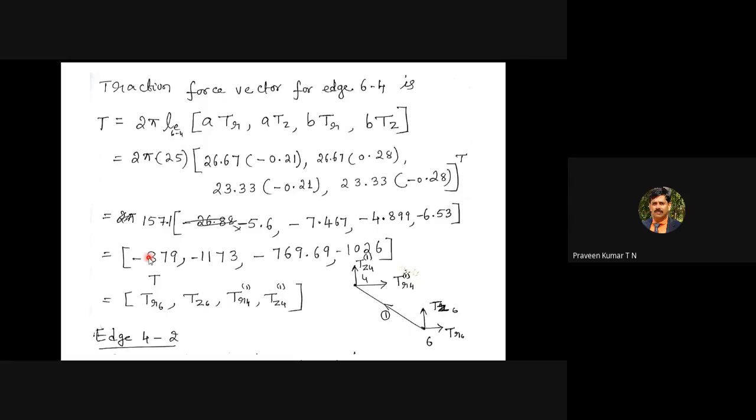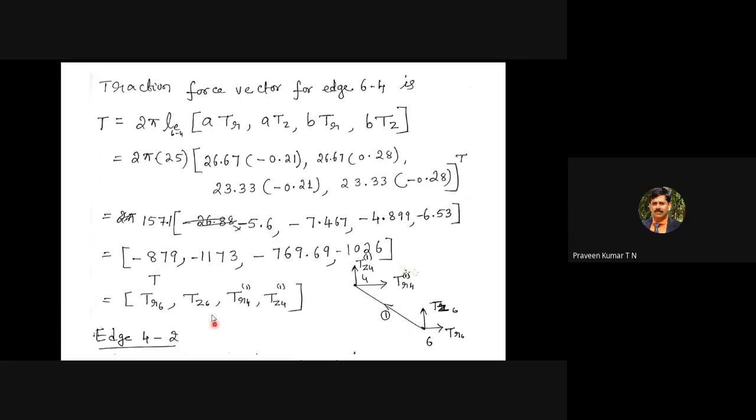TR6 is nothing but the traction force acting at node 6 along the radial direction, and TZ6 refers to the traction force acting on element 1, or edge 1, along the Z direction.